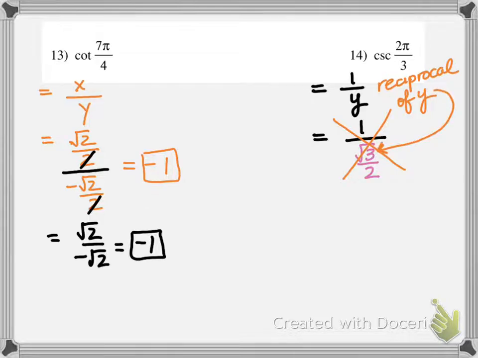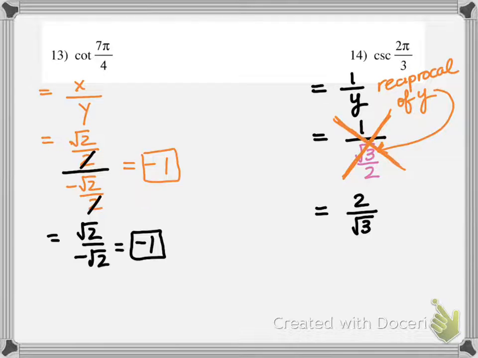So if I ask you to find the reciprocal of y, all I want you to do is flip it. Flip your y. That's all I need you to do. So my answer right now is 2 over square root of 3. Okay? Do not write it like above. I don't want you writing this. Okay? Don't write it this way.